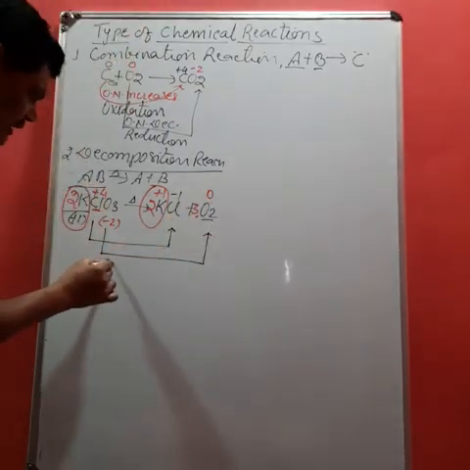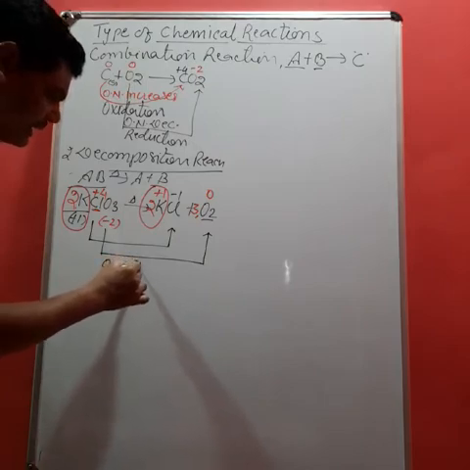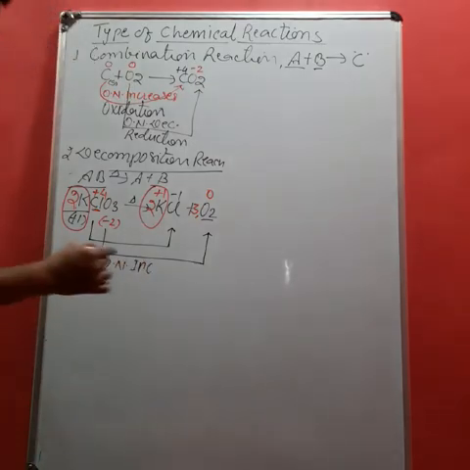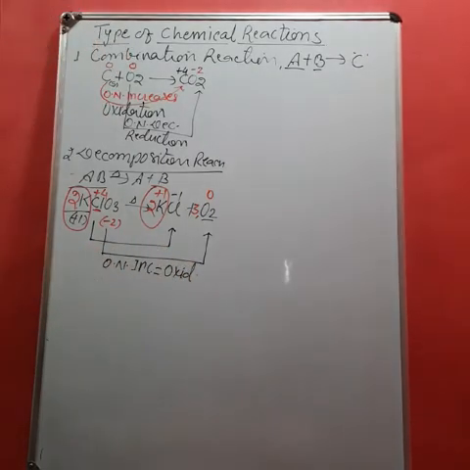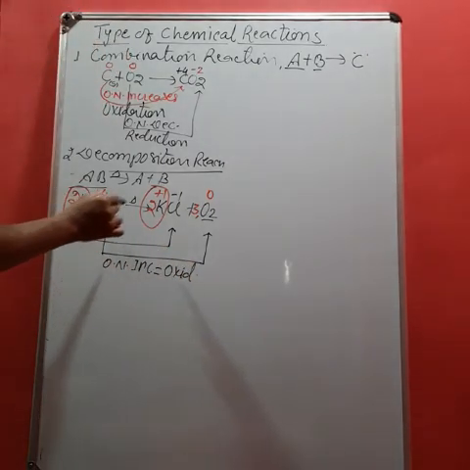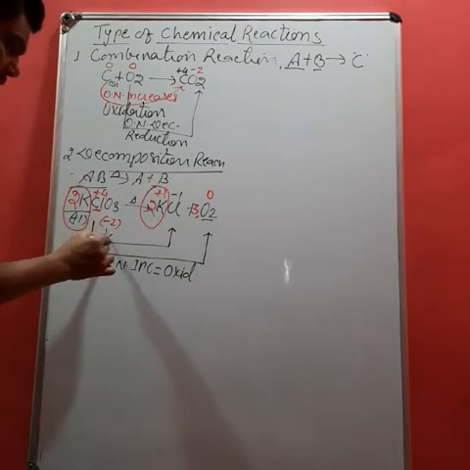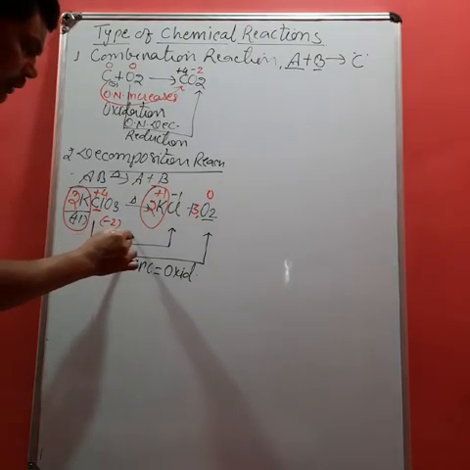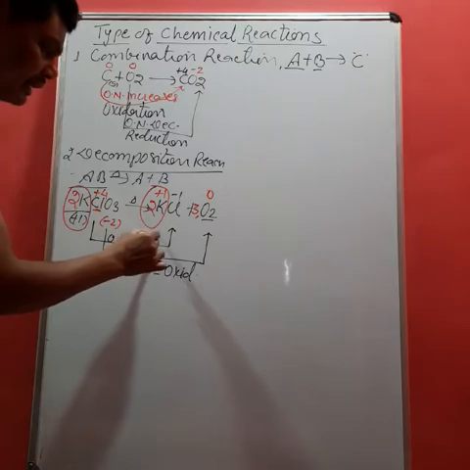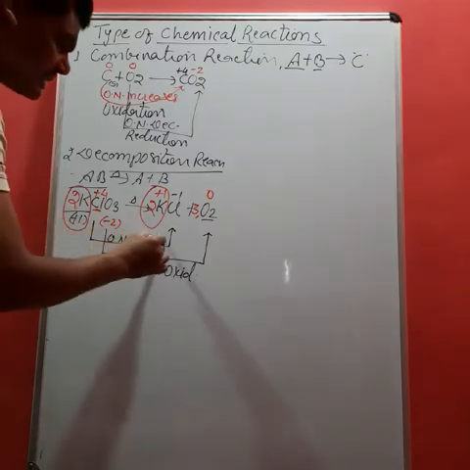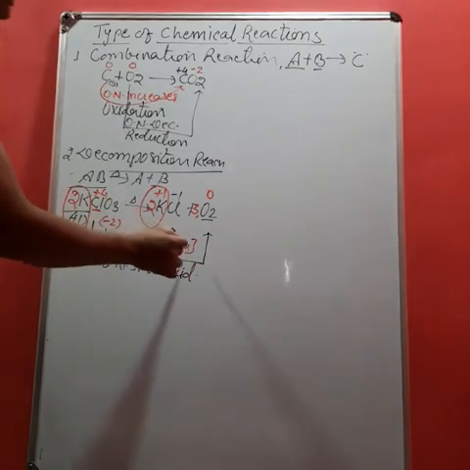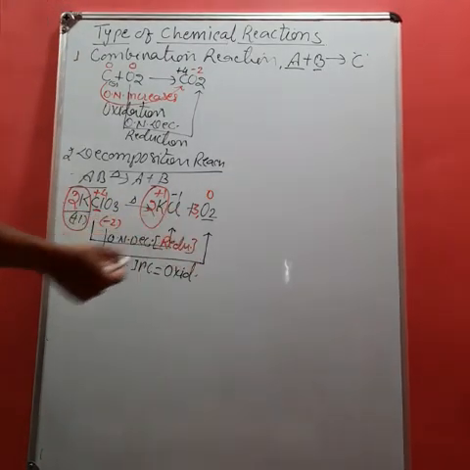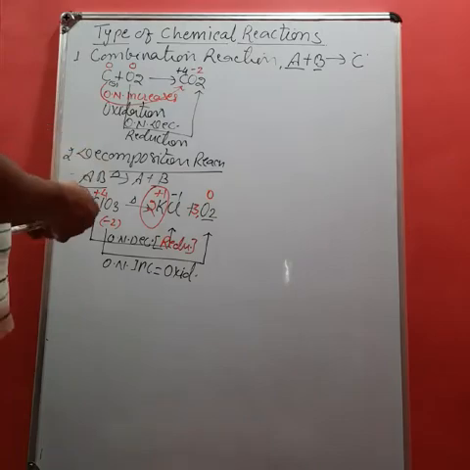That is, the oxidation number increases. Increase in oxidation number is called oxidation. And here Cl going to -1 means the oxidation number decreases. This is called reduction. So one of the species is reduced and one of the species is oxidized. Therefore, this is called a redox reaction.